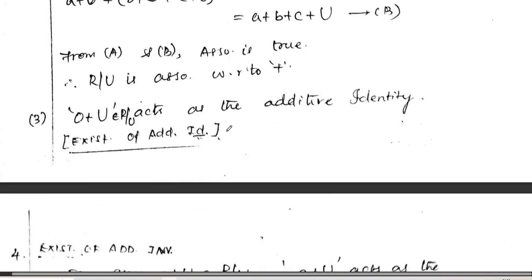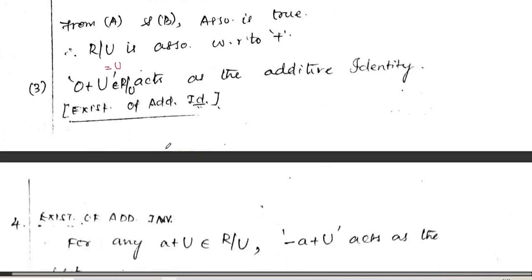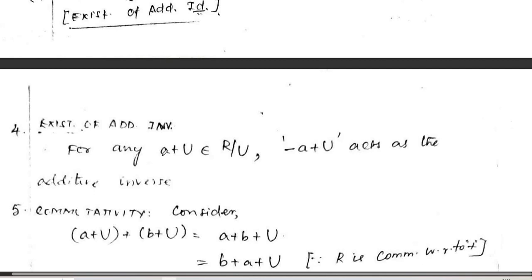Now 0 plus u acts as the additive identity. Now 0 plus u is actually u only, because u being a subgroup, 0 will be present in u, and being a member of u, you will absorb that. So you have just u acting as the additive identity. Then the additive inverse of any a plus u in R mod u is minus a plus u.